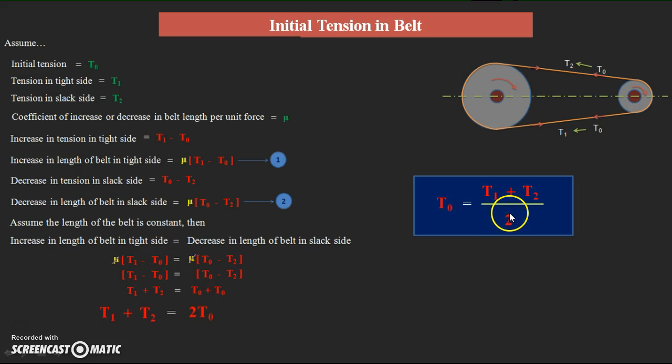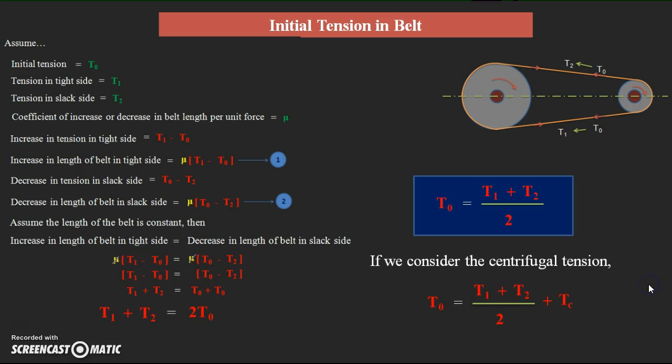Not only the tension in the tight side and slack side, we have another tension, which is the centrifugal tension. If we consider the centrifugal tension, it will be added to this formula. So the initial tension is T0 equal to T1 plus T2 by 2 plus Tc. That is the initial tension formula in terms of the tension in the tight side and slack side and the centrifugal tension acting during power transmission.